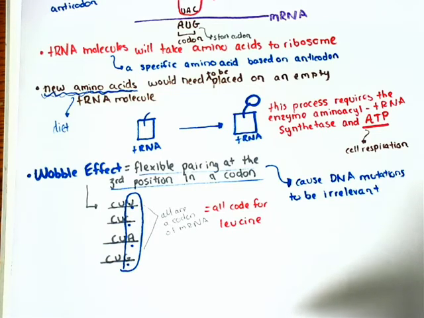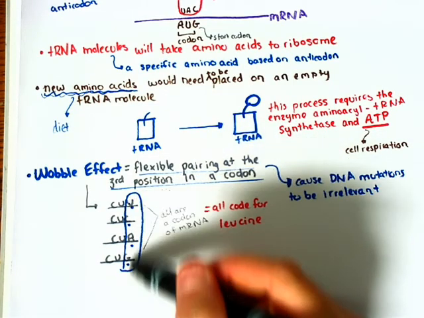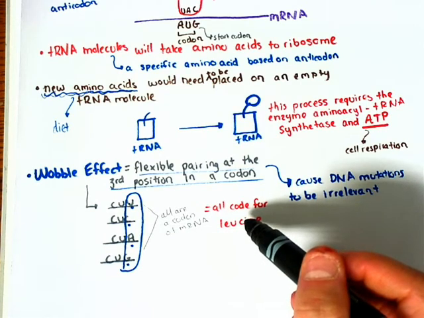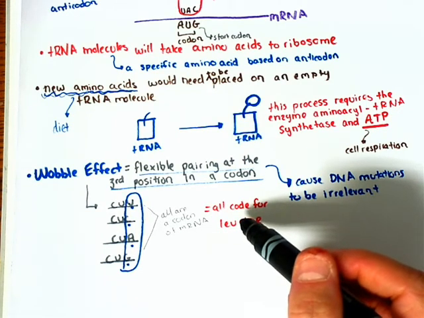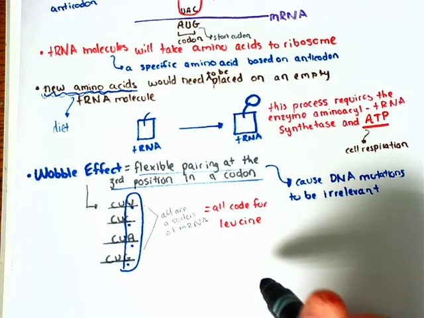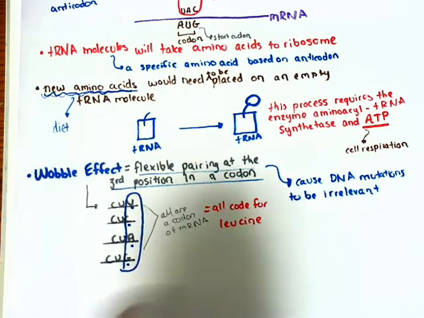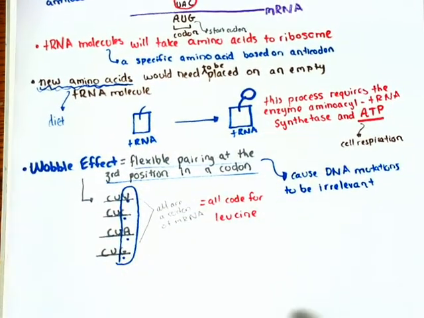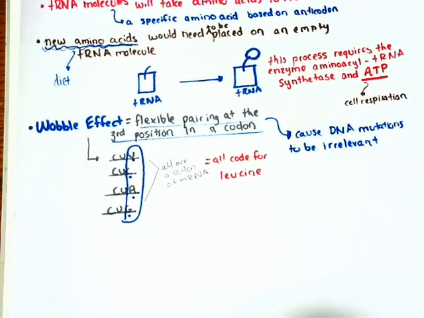It's like that saying, if a tree falls and no one's around, does it make a noise? It's kind of the same concept, because if it doesn't cause a new amino acid, then it doesn't change the protein structure or function at all. So it really isn't a mutation, you could say. It doesn't change anything, right? Now this doesn't work every time, but it works a lot of times.